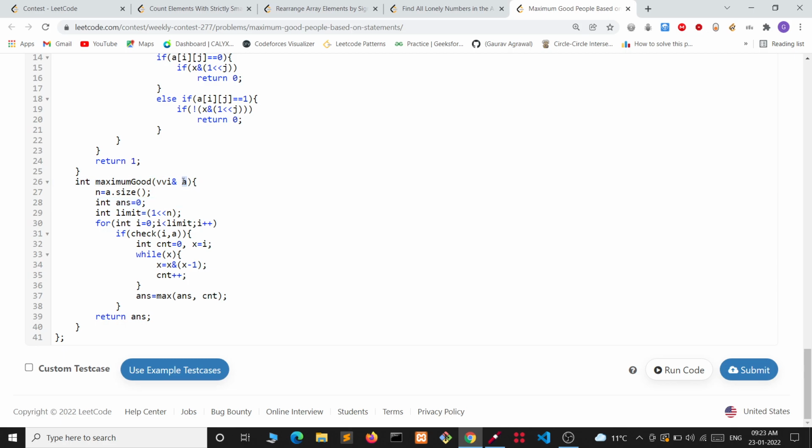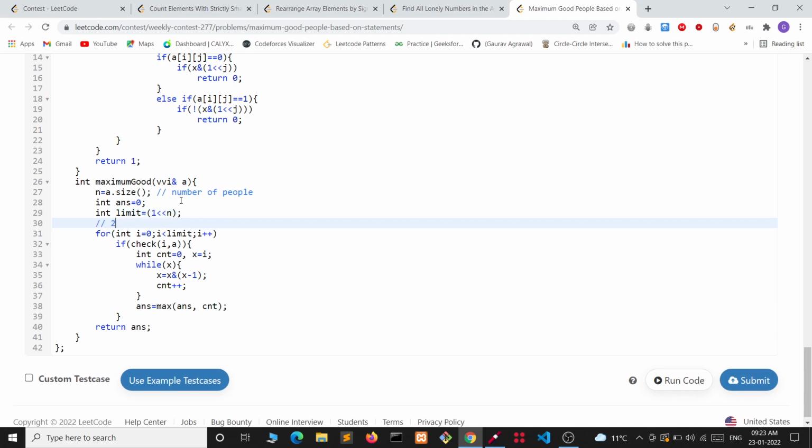This is the statement vector. I have changed it to a. This is telling the number of people. This is the answer we want, and we know that we can make a total of 2 to the power n number of permutations.